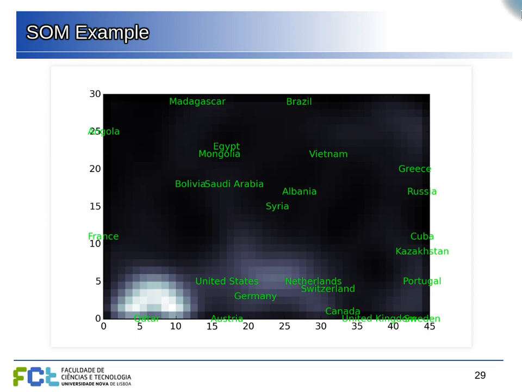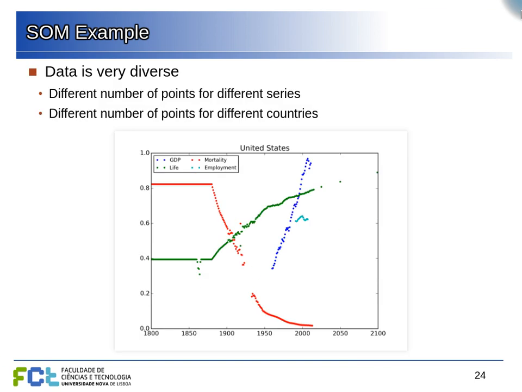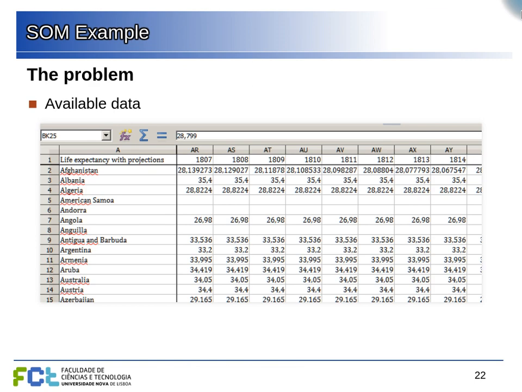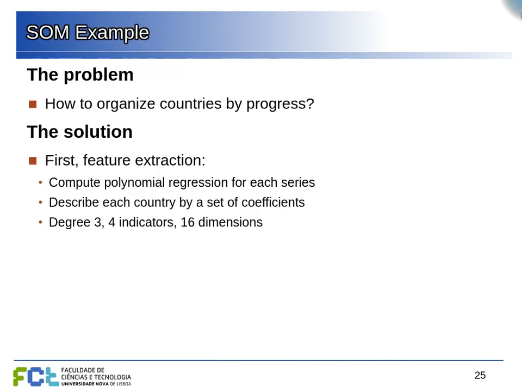But in this way we can represent the distribution of countries, and basically what we did here was we went from a data set like this, so we have 4 Excel sheets with missing values and different number of values per country. We extracted features with the polynomials.